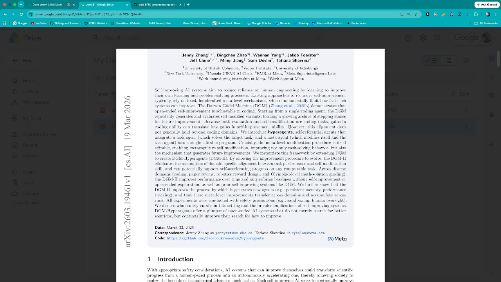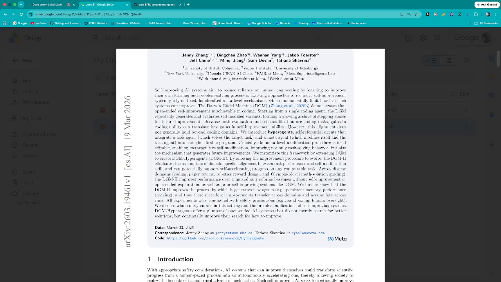Across diverse domains, coding, paper review, robotics reward design, Olympiad-level math solution grading, the DGM-H improves performance over time and outperforms baselines without self-improvement or open-ended exploration, as well as prior self-improving systems like DGM.